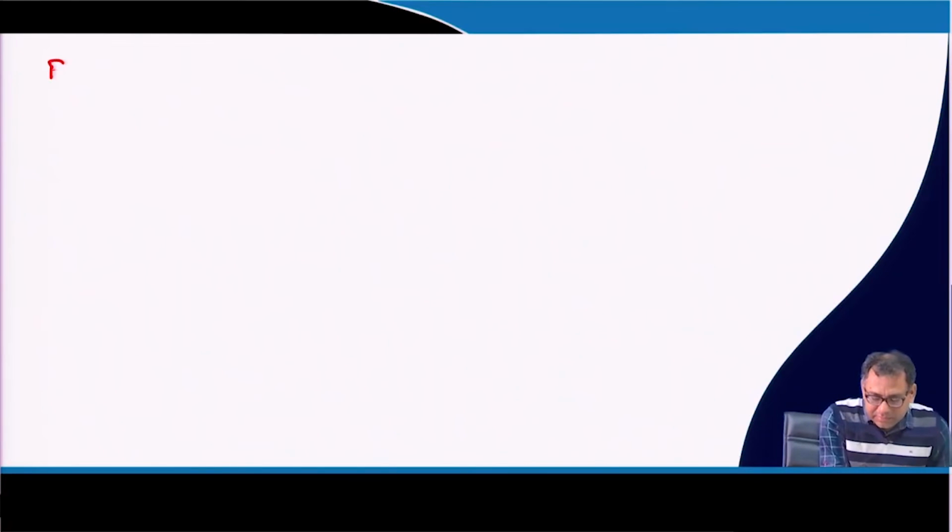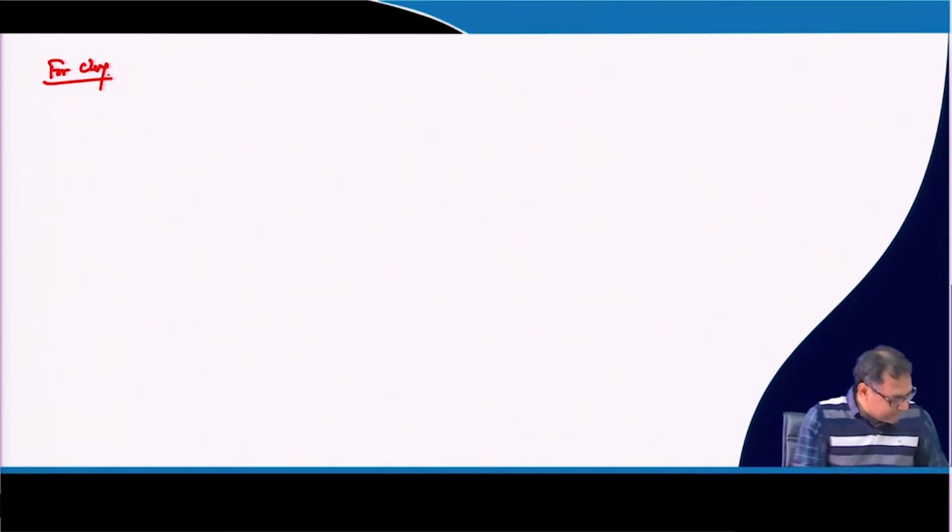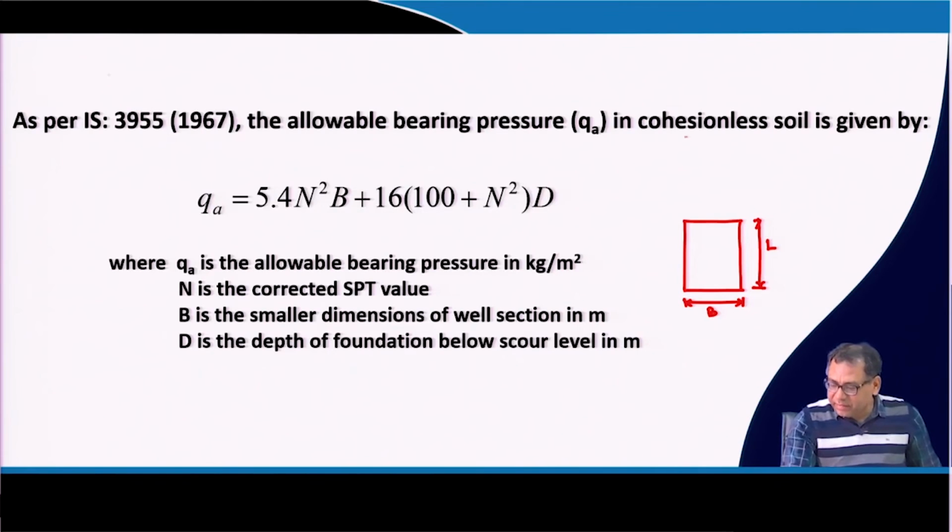Now, for the clay ultimate bearing capacity we can determine as follows. Remember that the previous equation is applicable for sand, cohesionless soil.